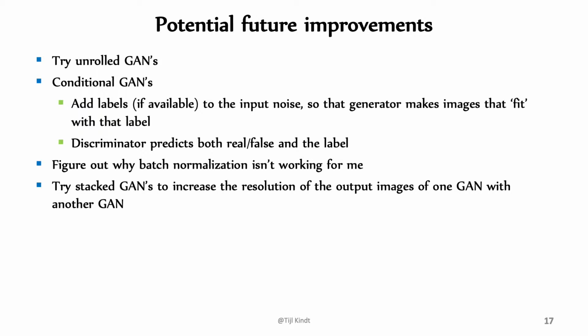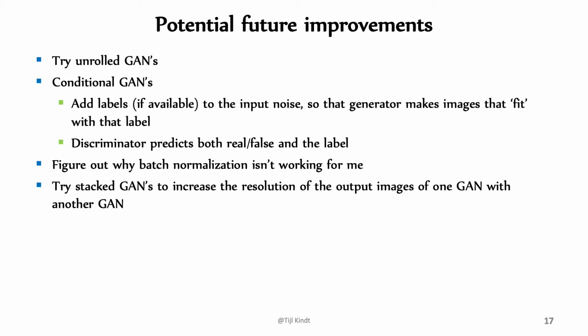A third thing I want to figure out is that I used batch normalization just for the generator and not for the discriminator, because in the discriminator it wasn't working for me. Then the generator got stuck really fast and basically only generated noise. So I need to figure out why that wasn't working for me.